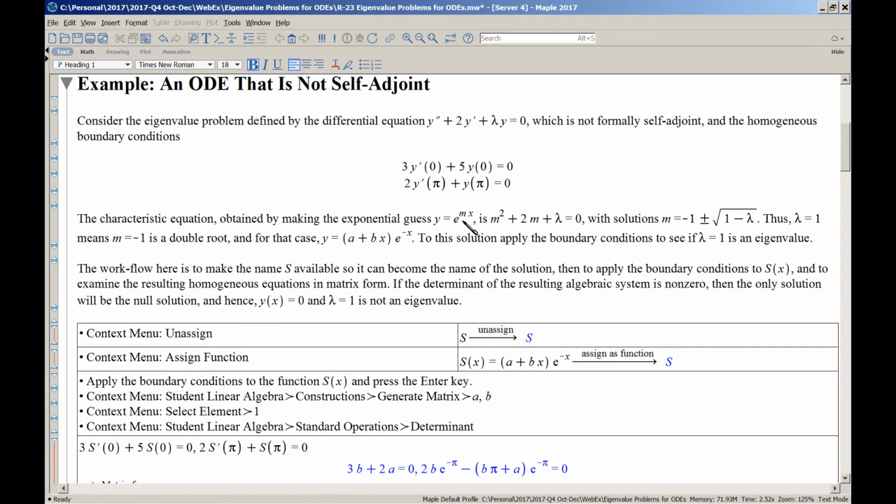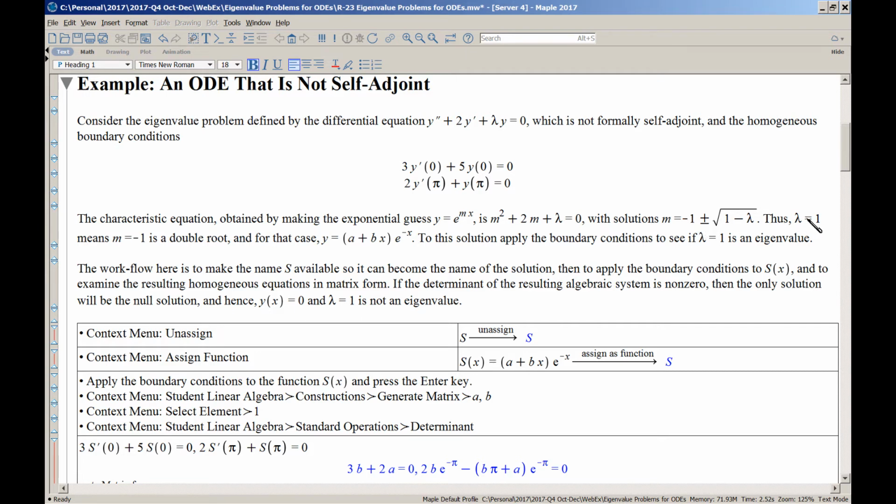Okay, I would plug in the exponential guess e to the mx to this differential equation. I'm going to get the characteristic equation, which I would solve for the characteristic roots. Now, from the characteristic roots here, I observe that if lambda equals 1, I get a repeated root. So that's the special case.